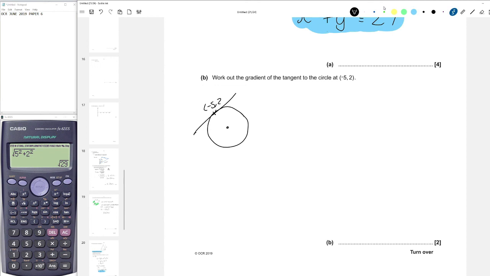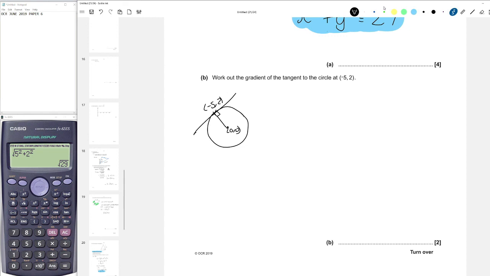So I need to know that if the center is there, by the circle theorem, if there is a tangent at the point, the line from the center to the circumference is going to be perpendicular. So my method would be to work out the gradient of the line from the center to the tangent point and then work out the perpendicular gradient.